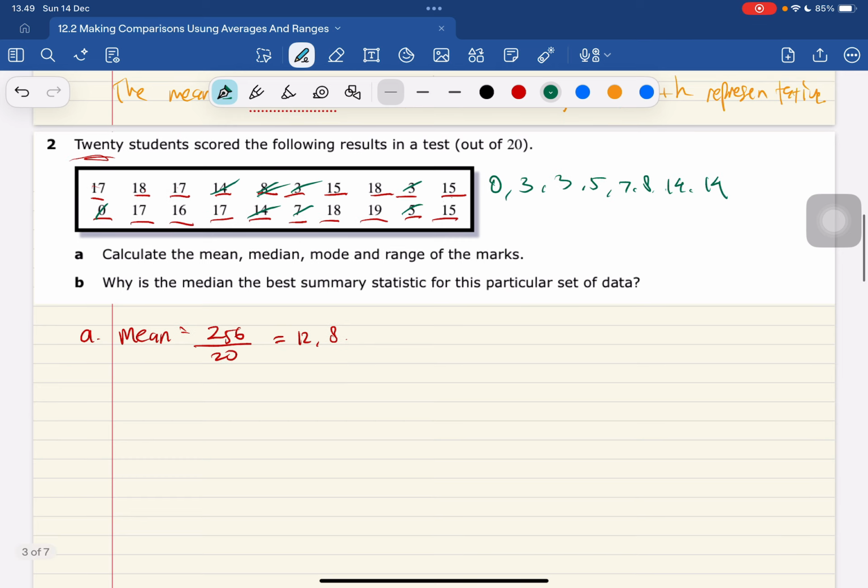After 14 we got 15, 15, 15, three times, and we got 16 one time.